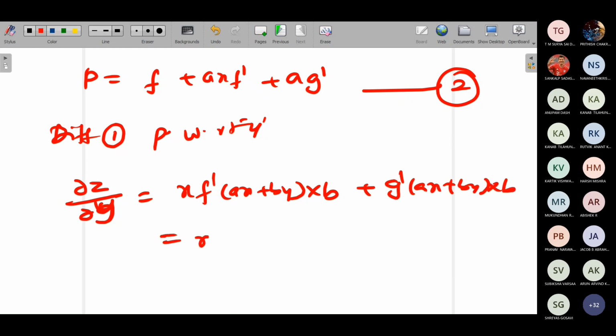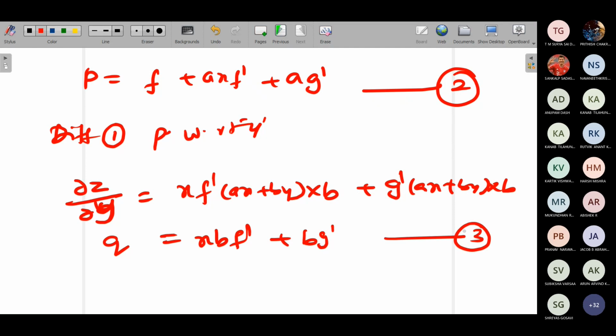So you'll get xb f dash plus b into g dash. This is equal to q.